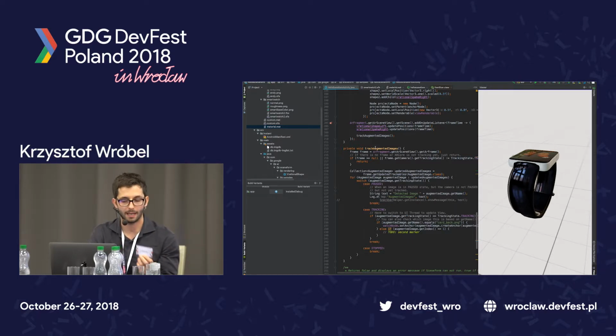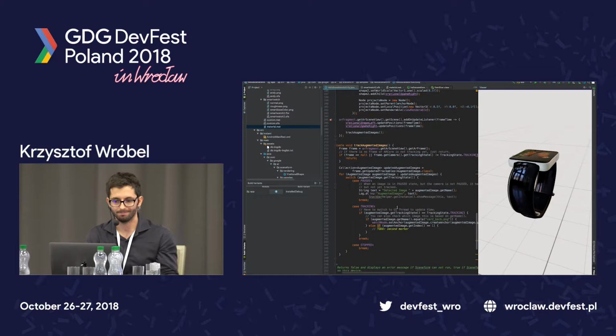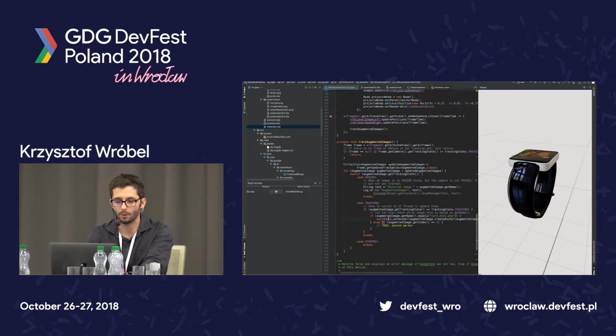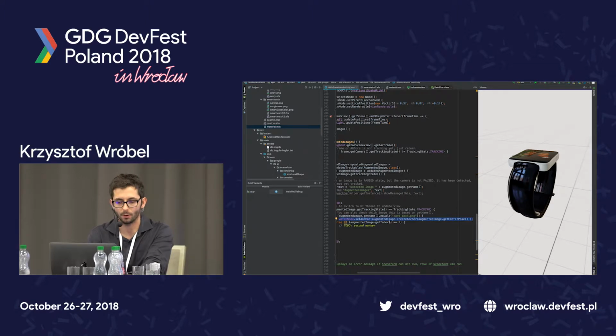I will have more slides in the presentation, but the way it was positioned on this business card was through augmented image. This is basic code that you will definitely find easily on the internet. You basically put the watch node on this augmented image, which was found in the scene.